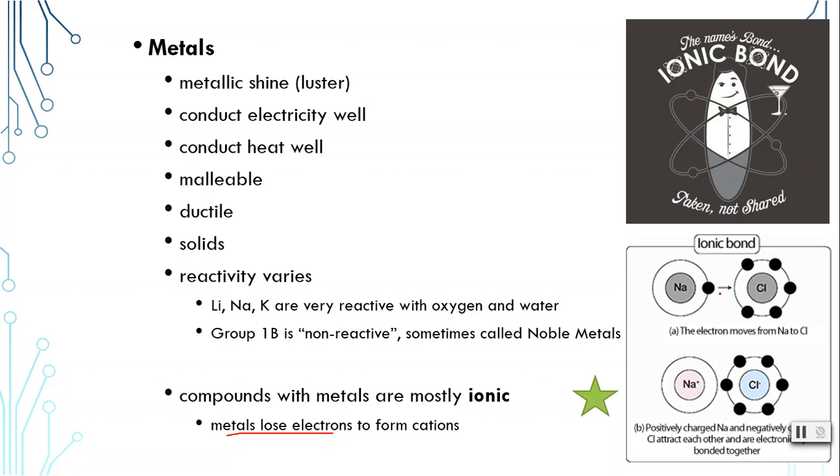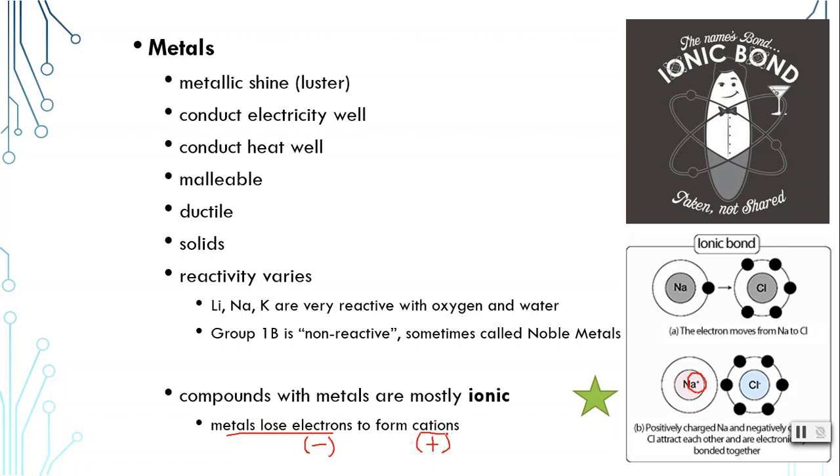And when it does that, when sodium donates that electron, remember electrons are negatively charged, so when the metal does that, the metal becomes positively charged, as is shown here. And metals that are positively charged in ionic bonds are called cations.